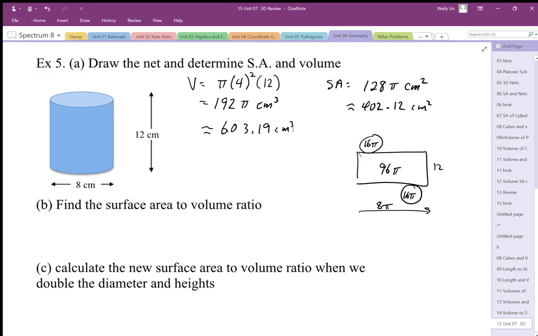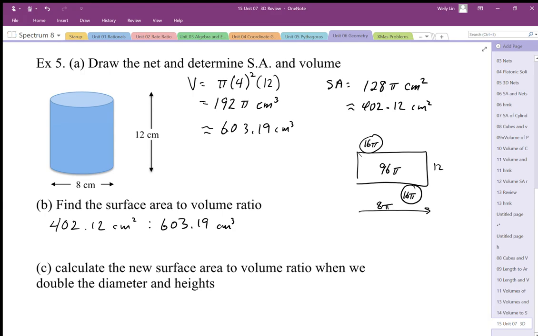Since we got the surface area and volume, I'm going to work out the ratio. For this object, the surface area is 402.12 centimeters squared. The volume is 603.19 centimeters cubed. Okay, so I want to do this as a ratio.